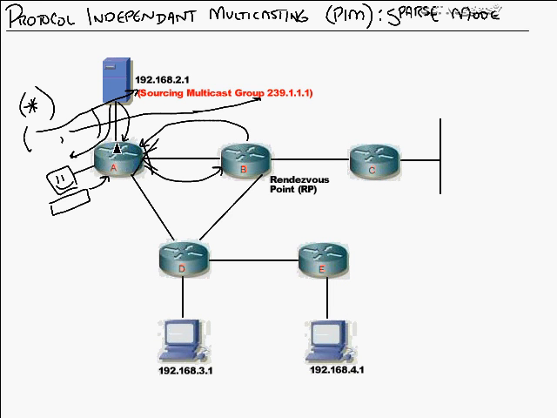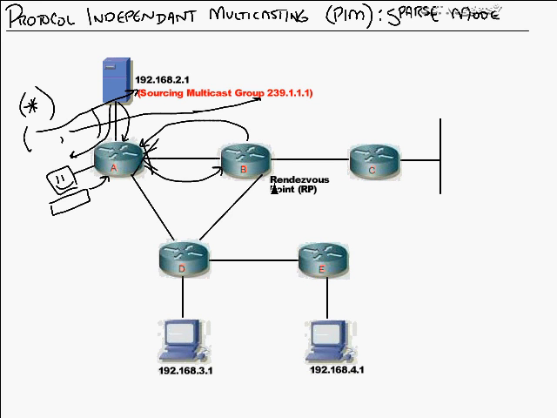And that allows the sparse mode to become a very efficient protocol to use, because not only does it implement the pull technology, meaning you're not going to be flooding your network needlessly like dense mode does, but it also implements the efficiency of the dense mode in the sense that these routers will figure out the best way to get to a multicast source, even though initially they all have to go through that rendezvous point.